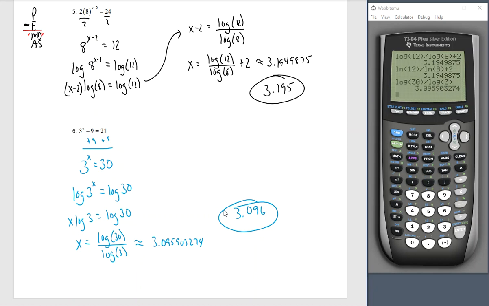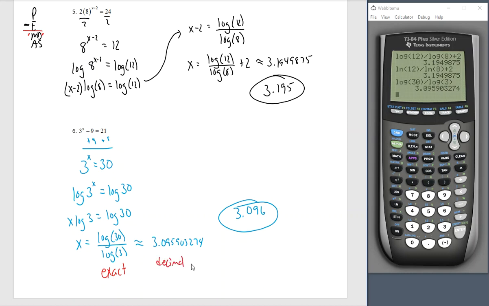So when it comes to solving exponentials, isolate the exponential part. Take the common log of both sides, solve for the variable, throw it in the calculator to get your decimal approximation. This is my exact answer. Exact answers are awesome.